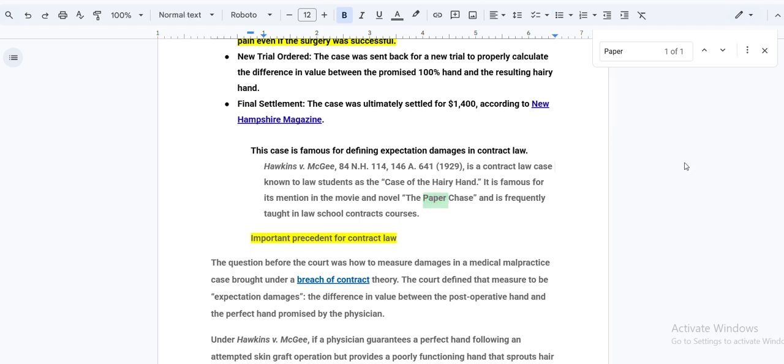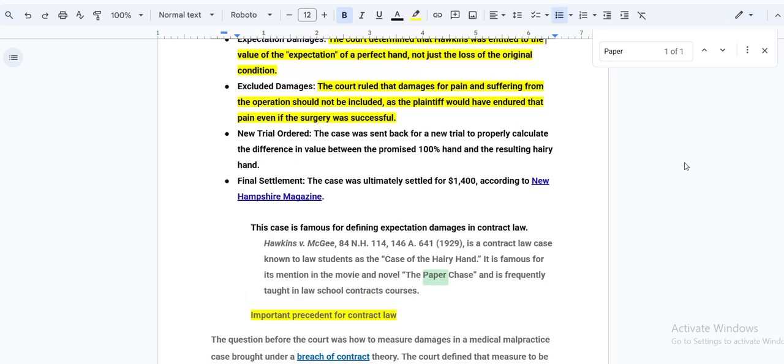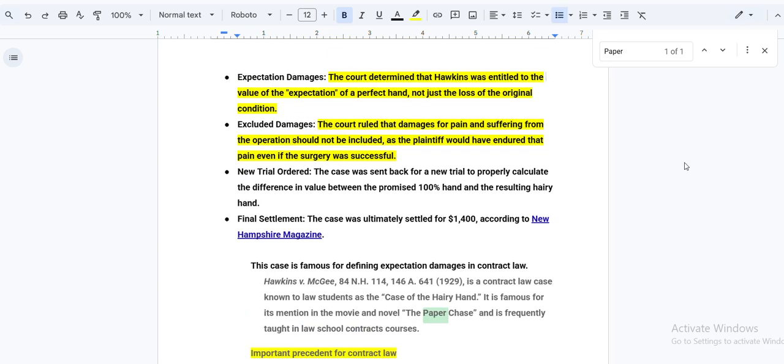So, in addition to this, the medical malpractice insurance wouldn't cover the damages, so the doctor sued the medical malpractice company. But the company won, because their position was it wasn't a matter of negligence.